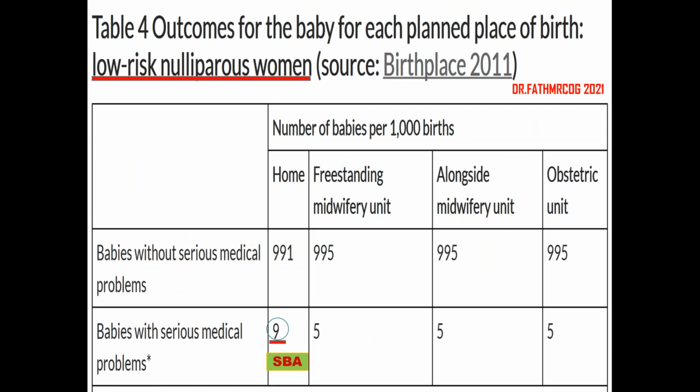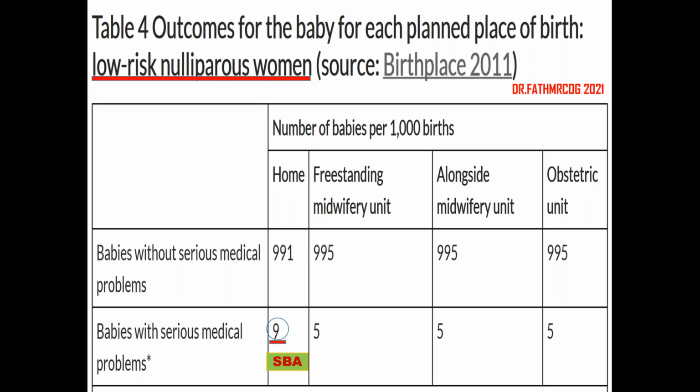This table shows the outcome for the baby for each planned place of birth in low risk nulliparous women. Before, in low risk multiparous women, it was the same whether the baby had a serious medical problem or not, in the four settings.